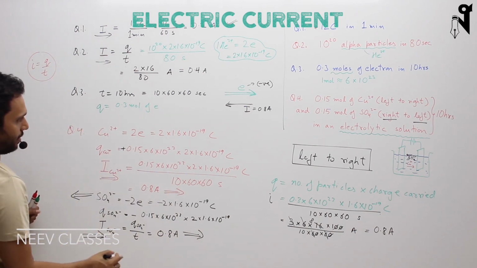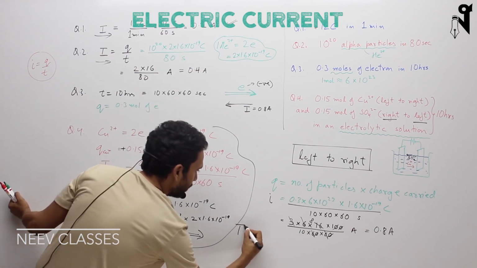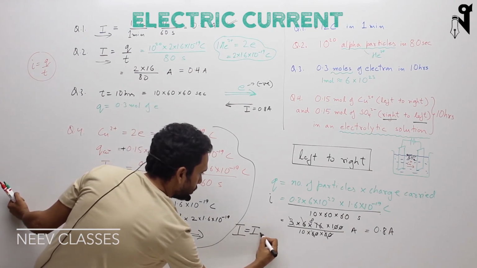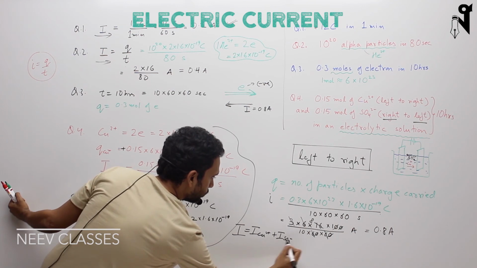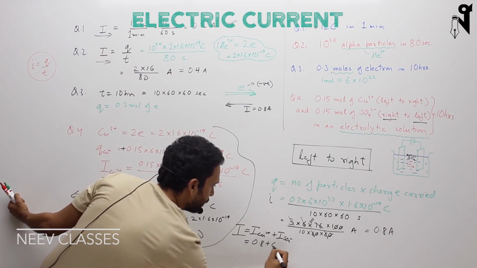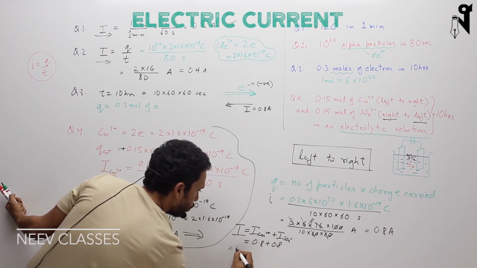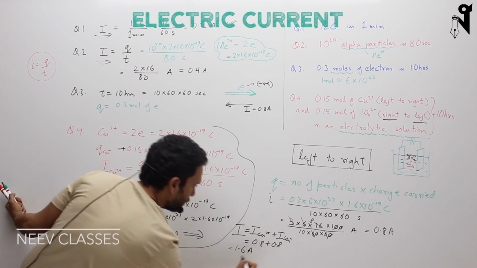Hence the net current in this case, I, is equal to the current due to both, which is 0.8 plus 0.8, which is 1.6 amperes.